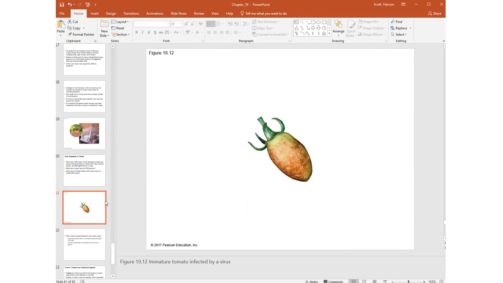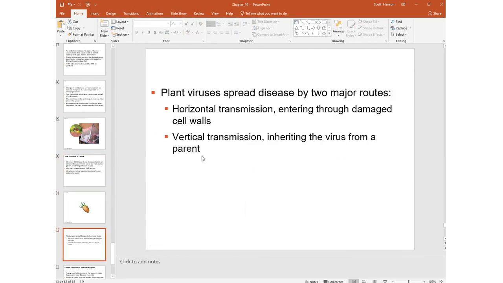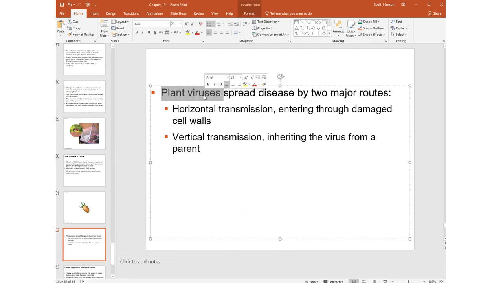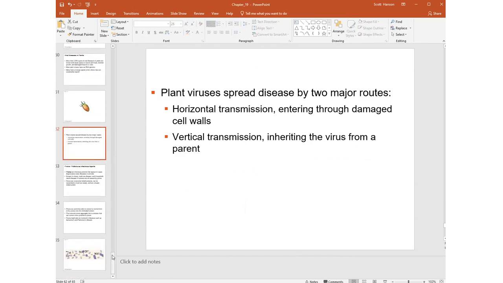So like a damaged fruit, for example, here. Plant viruses spread diseases by two major routes: horizontal transmission, from one cell to another, or vertical transmission, inheriting the virus from a parent. So when the plants produce offspring, they could actually pass on a virus as well.